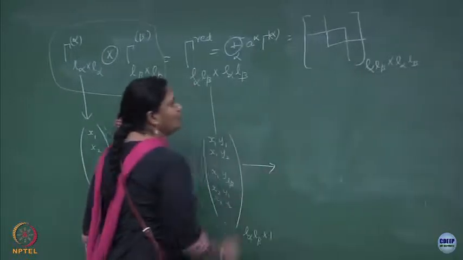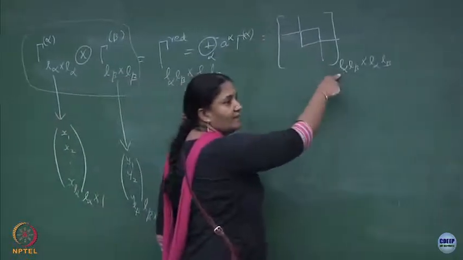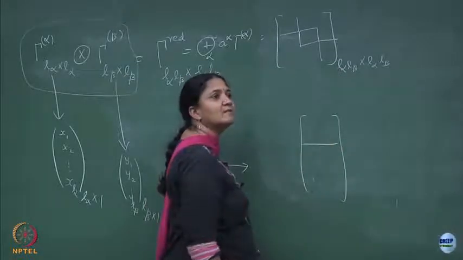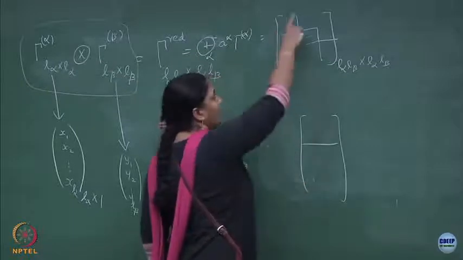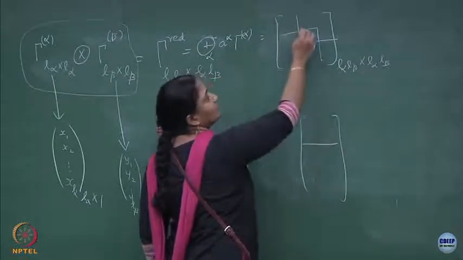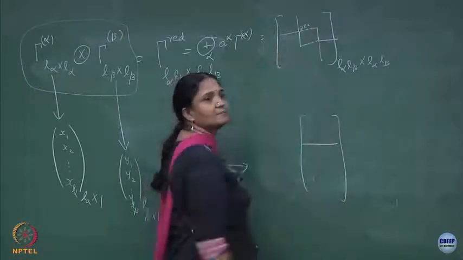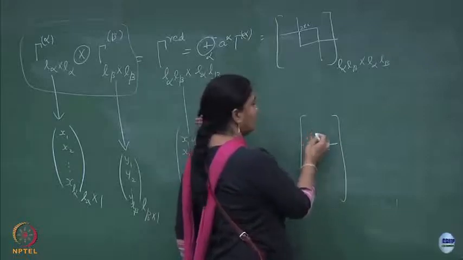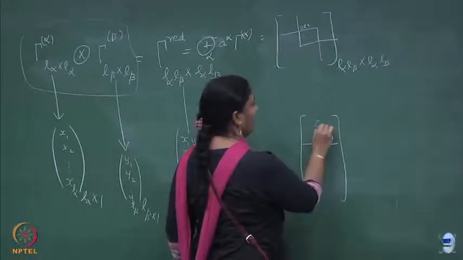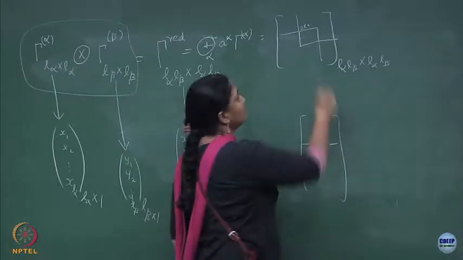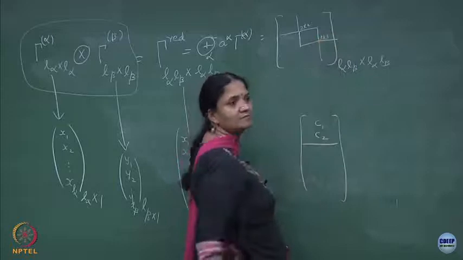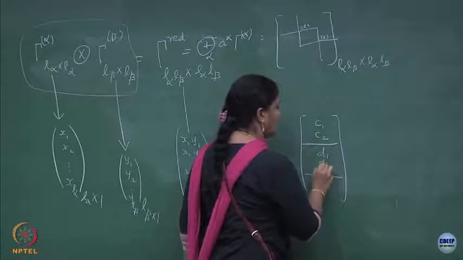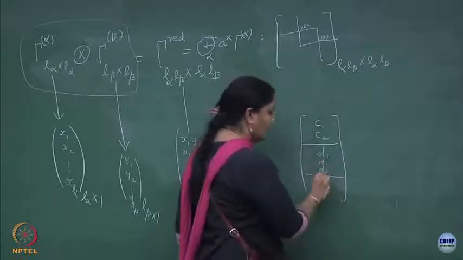Finally, because these are block diagonal, the basis should also break up into pieces, such that for each block, suppose this was a 2 cross 2 matrix, it should have 2 bases. Let me call them C1 and C2. Suppose this was 3 cross 3, then there will be D1, D2, D3 and so on.